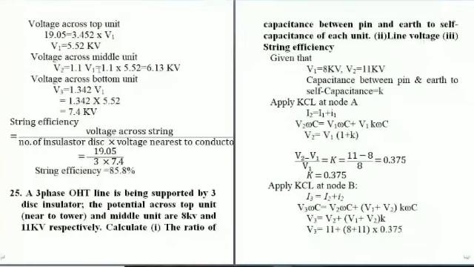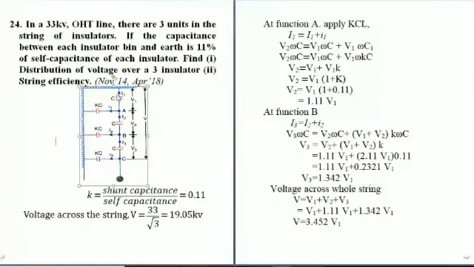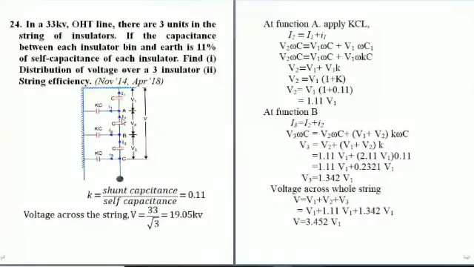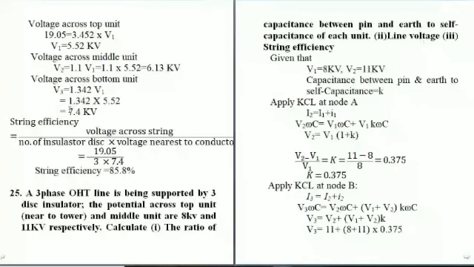For the second insulator, the voltage appearing is 6.13 kilovolt, and similarly 7.4 kilovolt is appearing across the third insulator, V3. So this is the basic method to obtain the voltage of each insulator.